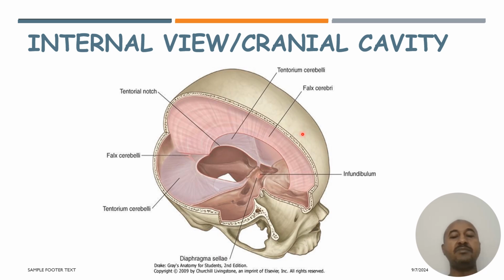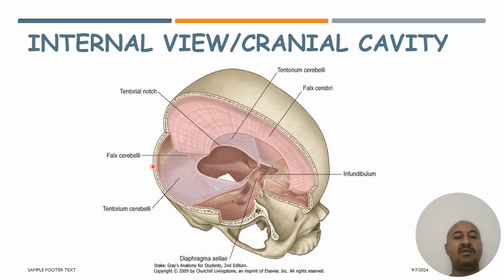This cap is made of the bones that, if you remember, we have the frontal bone anteriorly here, we have two parietal bones, and in the back we have the occipital bone. So these bones form the cranial cavity, or skull cap.